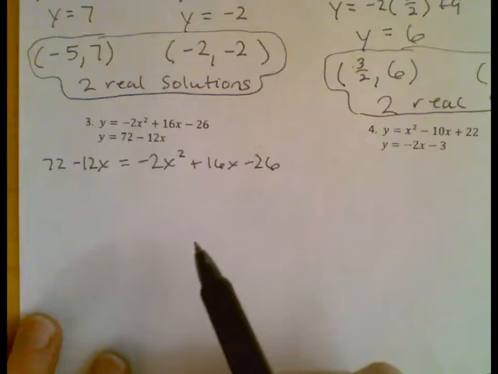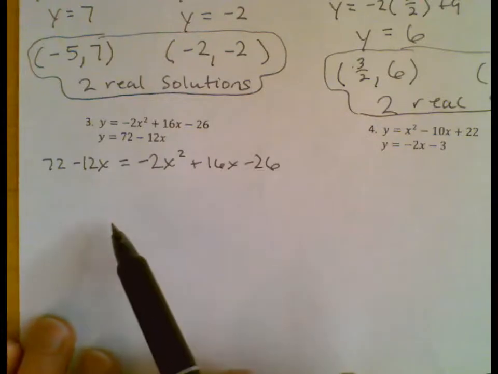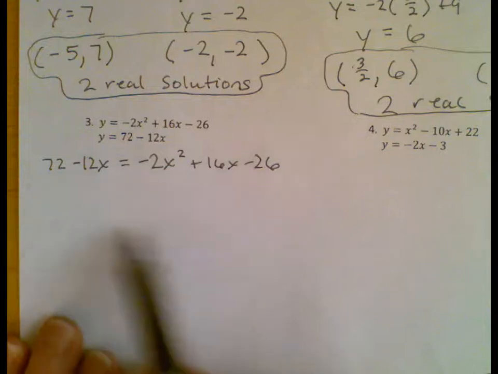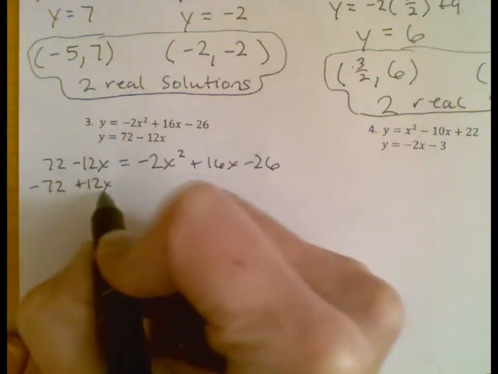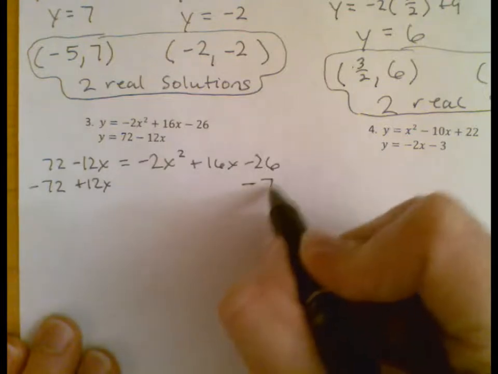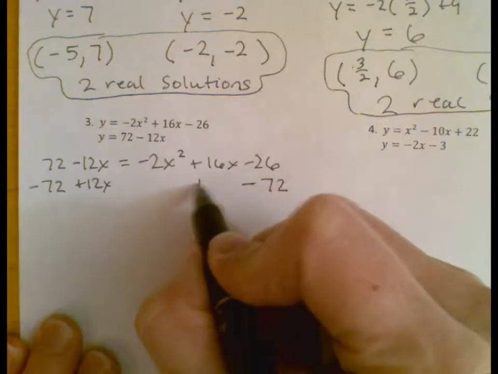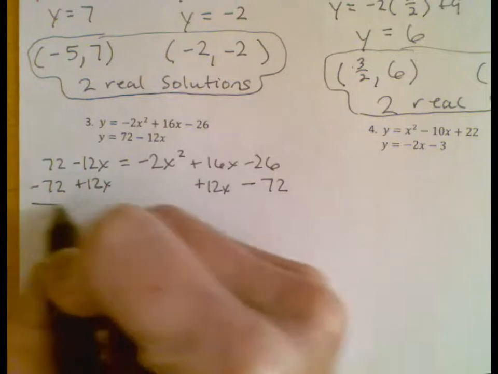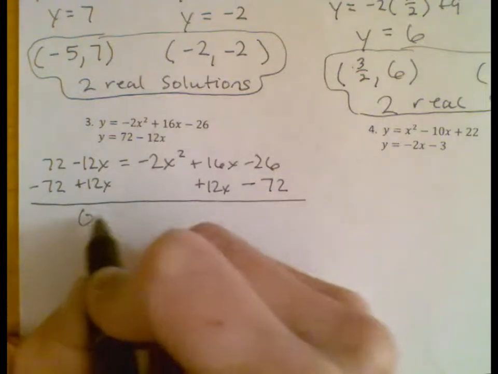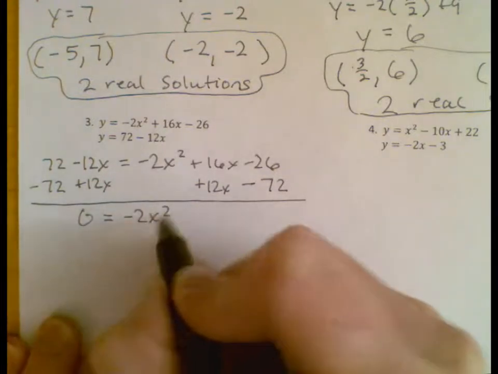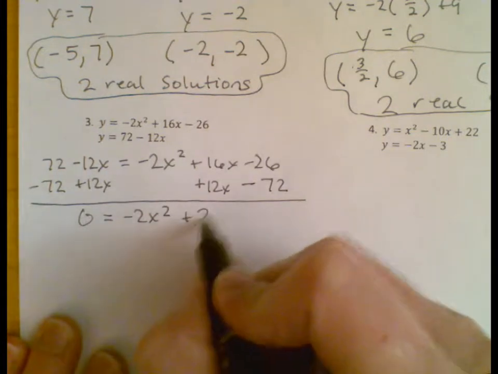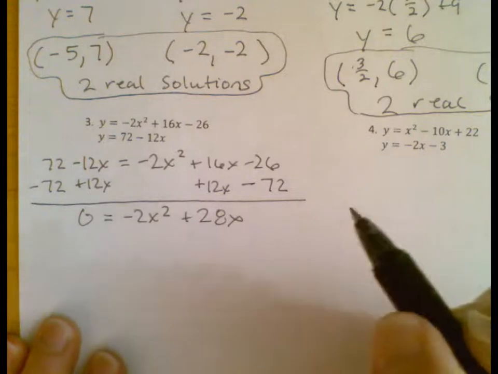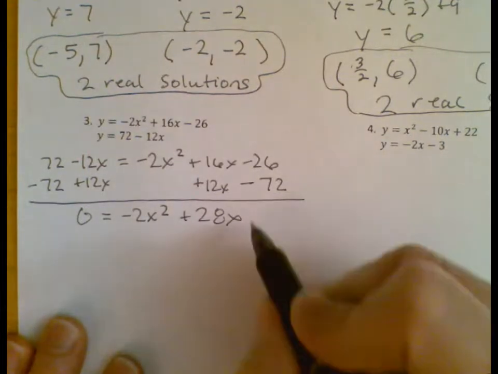I'm just going to go ahead and shift everything from the left over to the right. So we get negative 2x squared plus 28x minus 98.